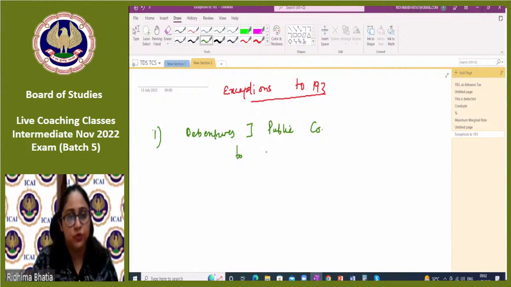To resident individuals and HUF, then TDS would be deducted on such interest only if the interest is more than 5,000. Interest up to 5,000 pe no TDS.